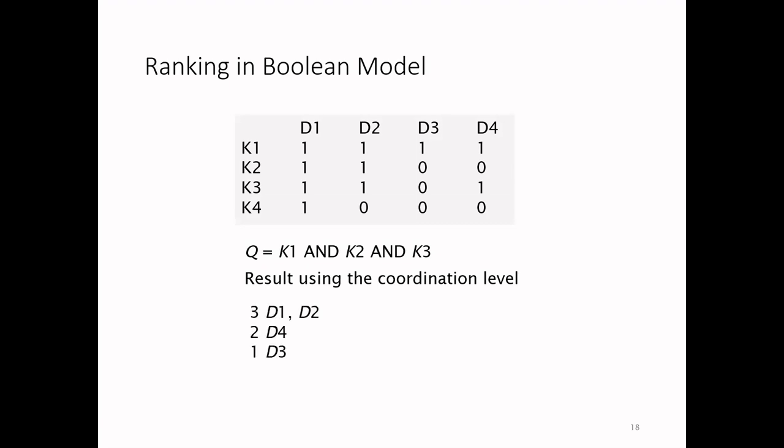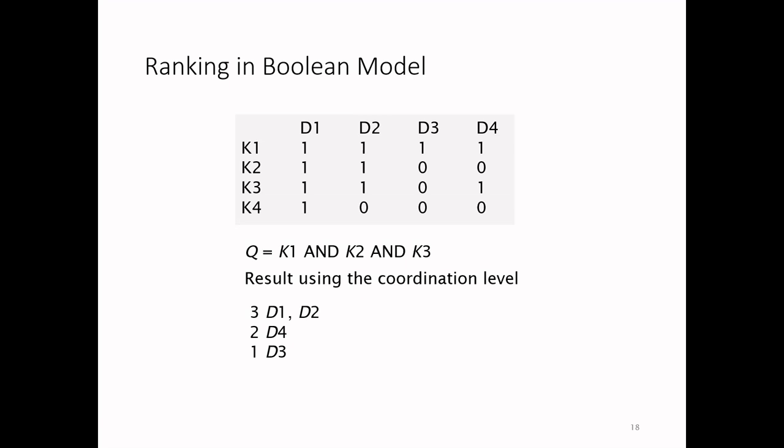If we look at documents D1 and D2, D1 has all 3 of them. D2 also has all 3 of them. So there were 3 terms in the query, and documents D1 and D2 both match all those 3 terms. All right. So their score, you can say, is 3 each.